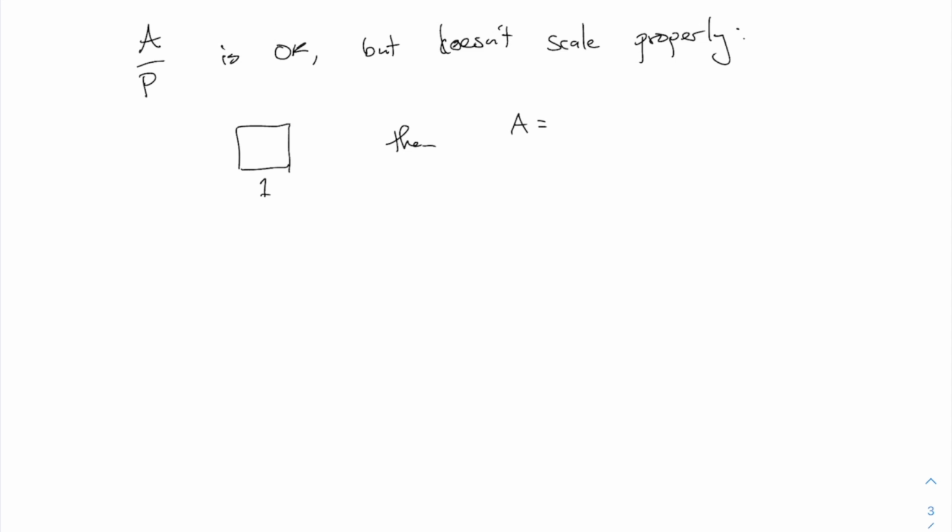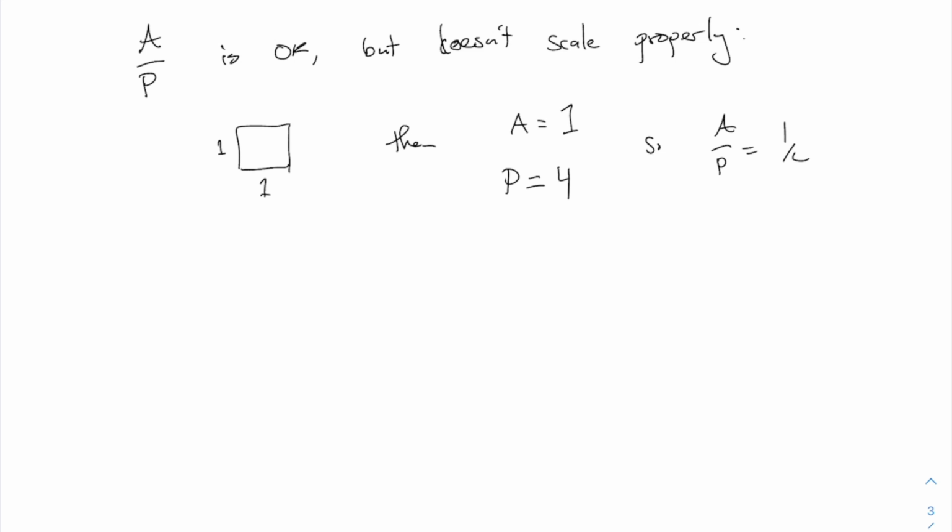The answer is 1. I hope you remember, the area of a rectangle is you multiply the width times the height, and it's 1 times 1 in this case, right? Because it's a square. So the area is 1, and what's the perimeter? That's the distance around. It is 4. All right. Yeah, I'm not trying to say anything too fancy. Okay, so that fraction, A over P, would be 1/4.